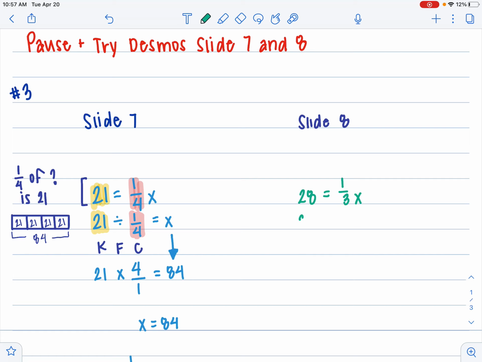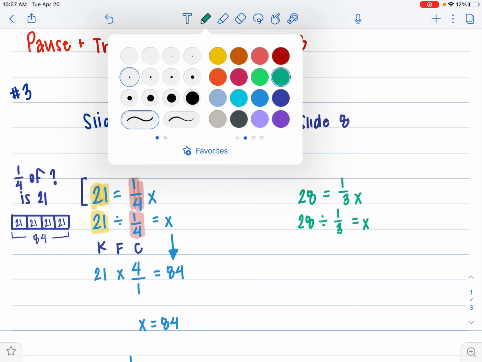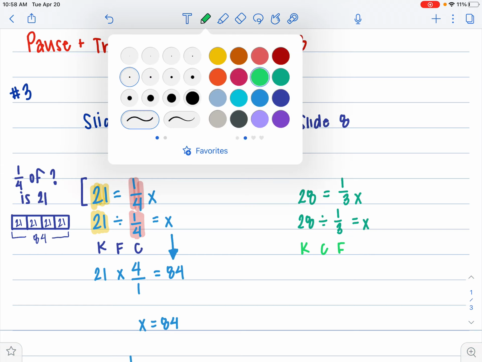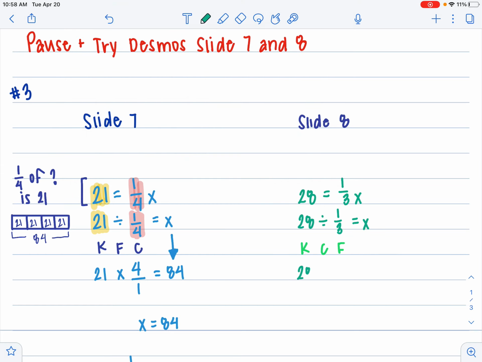So again, I know that I can divide my product, 28 divided by 1/3, to tell me my missing factor. I'm going to follow that same keep, change, flip procedure, and I end up with 28 times 3/1, which equals 84.